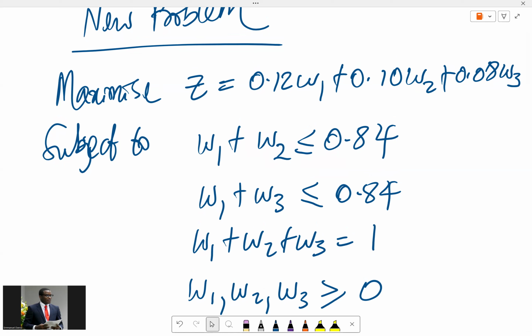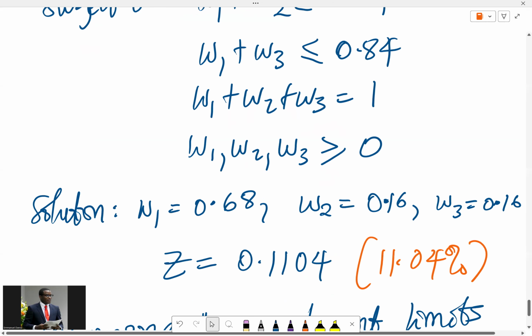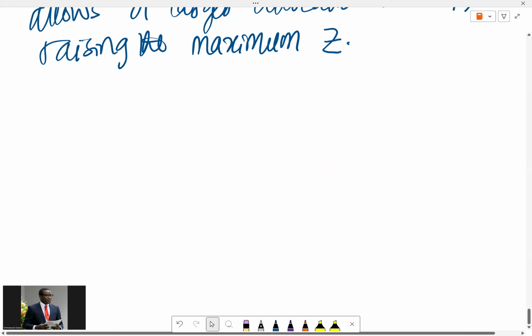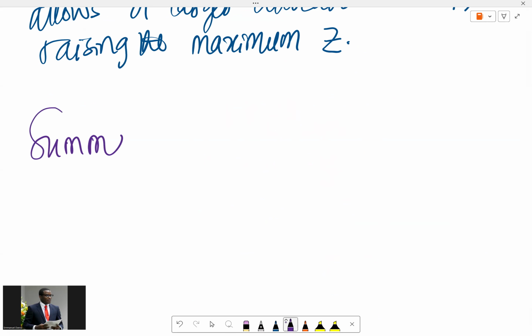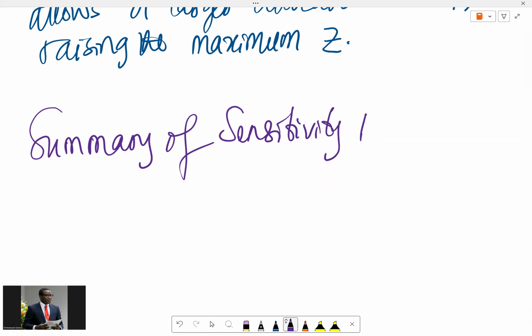Okay. So from that, we can have an overview, a summary of sensitivity analysis results, as we bring this to a close. Let me go purple now. So let's talk about the summary of sensitivity analysis results.